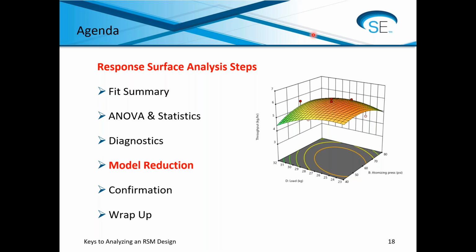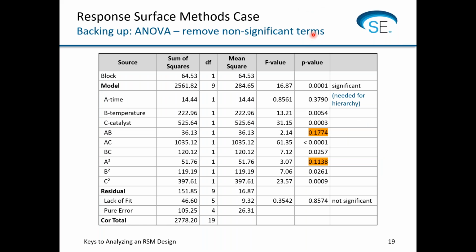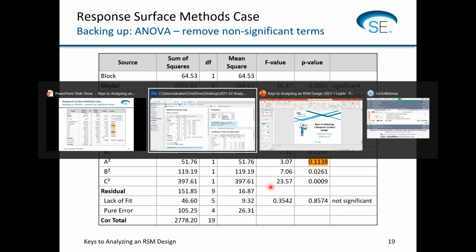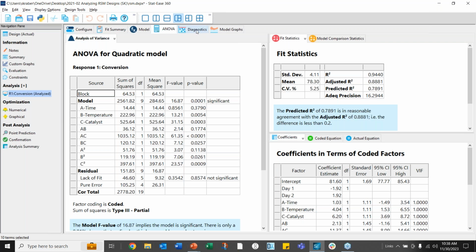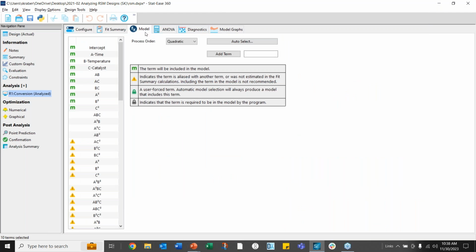Okay. So let's back up a little bit. I want to back up to the ANOVA, and I want to consider removing the non-significant terms from the model. Okay, so I am going to get back to the software, and I'm going to go back to my model screen.